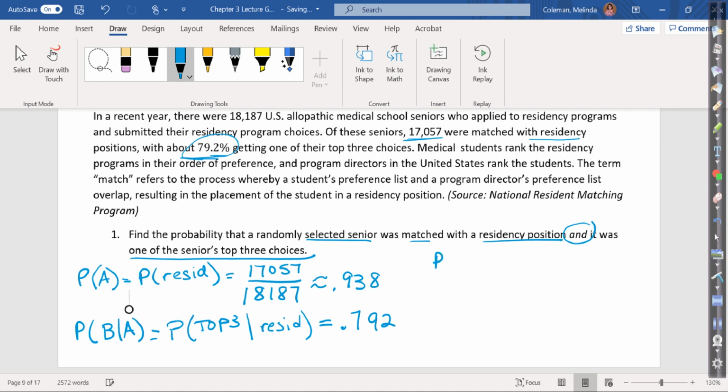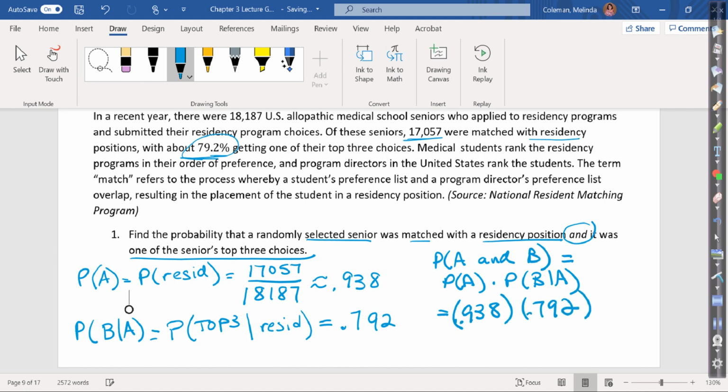And now we have the probability of A and B equal to the probability of A times the probability of B given A, which is equal to 0.938 times 0.792, which is approximately 0.743.